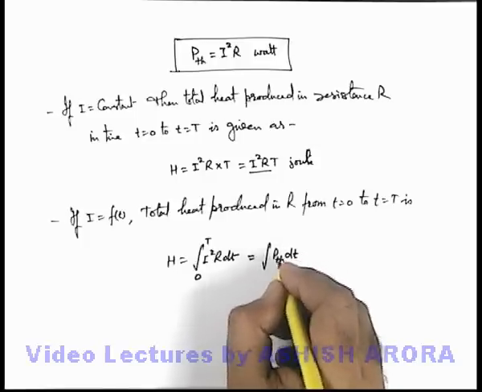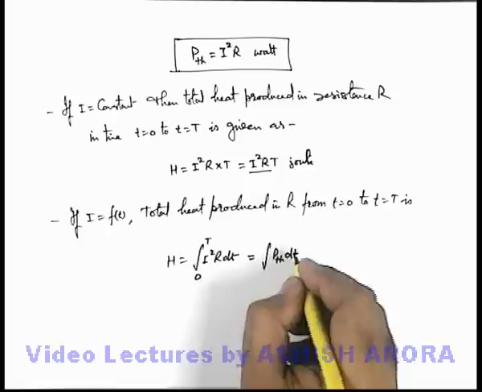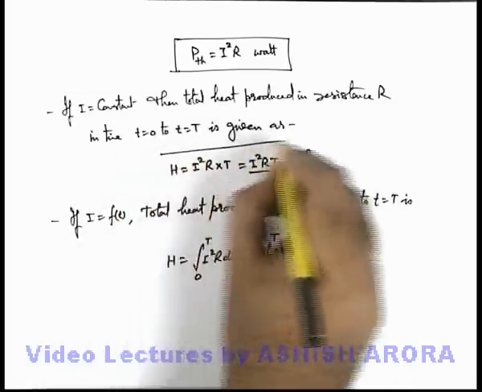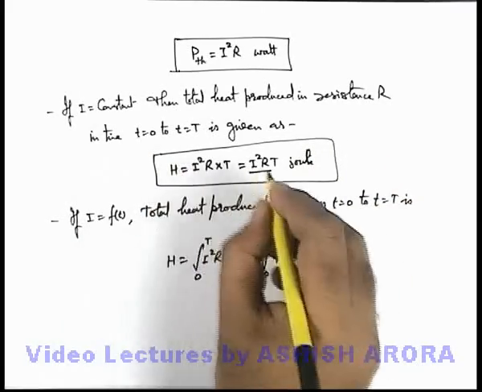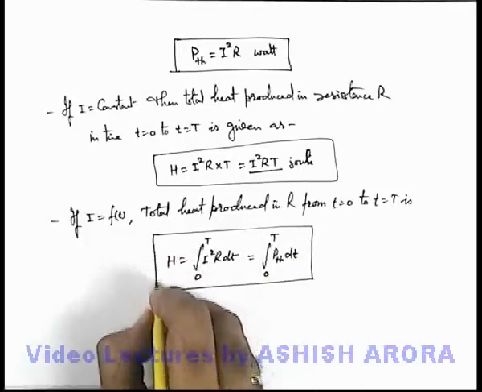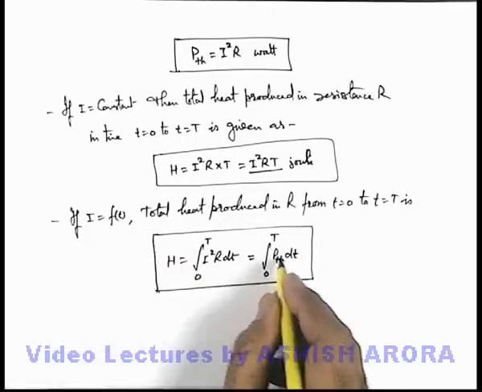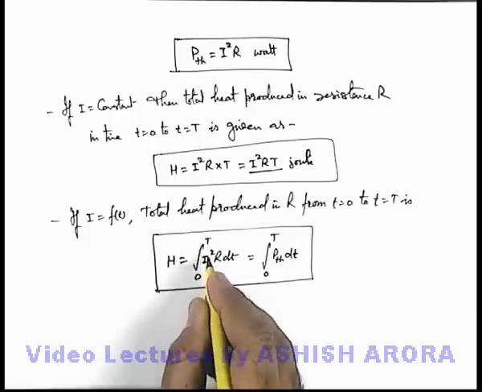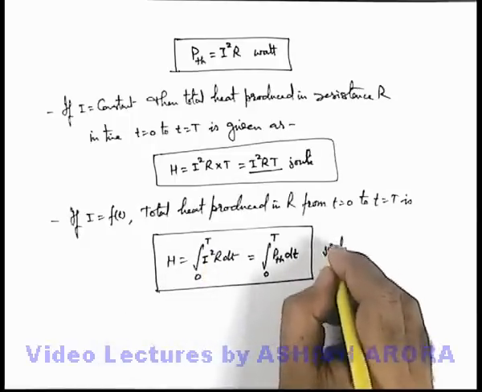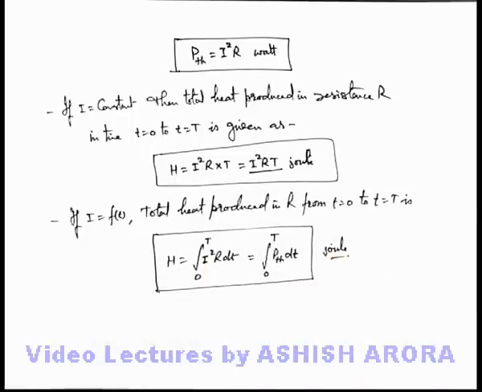So in time dt, the heat produced will be P dt, which can be integrated from 0 to T. So be careful that if a constant current is flowing, we use I square RT, and if a time varying current is flowing, we use the integral of P dt or I square R dt from 0 to T. This is the way in which we can calculate the total amount of heat in joule produced in a given resistance.